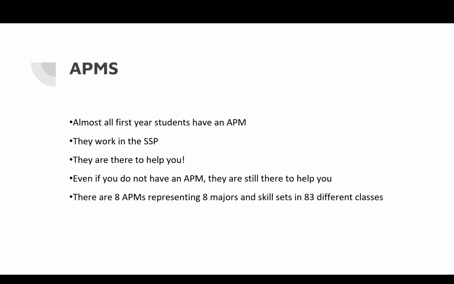So they're a very good resource, and every class that an APM is tutoring in is one that they have taken and gotten a B or better in. So they've proven competency in the course, and I greatly recommend checking out the SSP. It also functions just as a neutral study space, if that's what you want, like you just want to get out of your room, because I know a lot of people are going stir crazy at the moment. So there's that. Now it's questions.